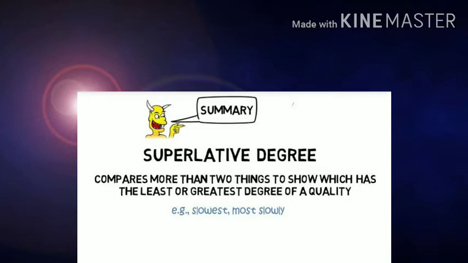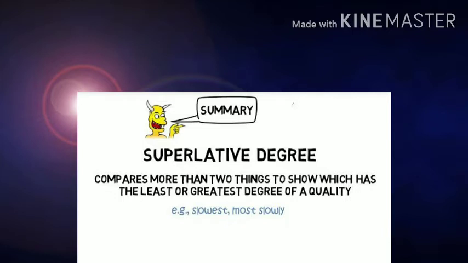In comparative, we compare two items, but only in the superlative we express the sentence in the fullest manner. That is, it cannot be compared with any other items. Those sentences are called superlative sentences. So this is your introduction of degrees of comparison.